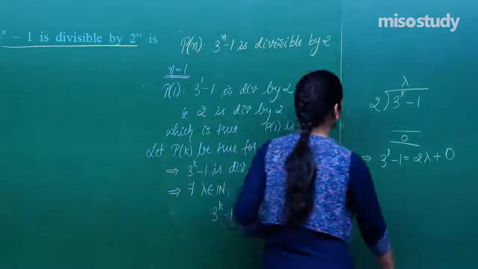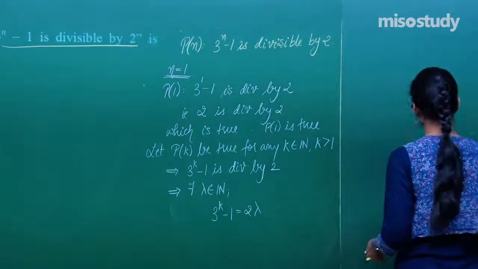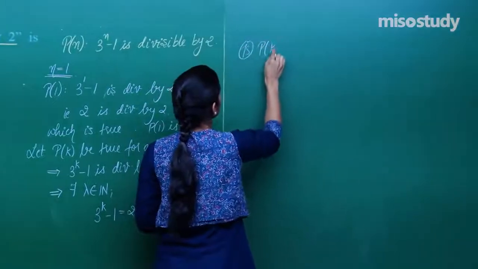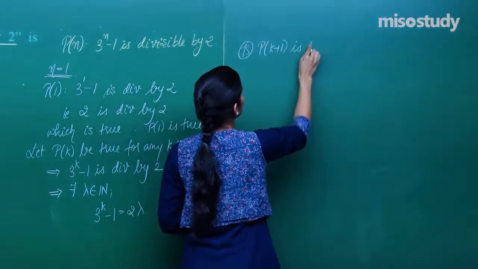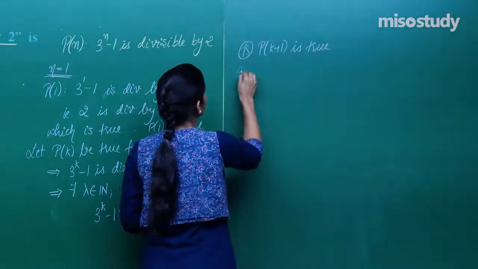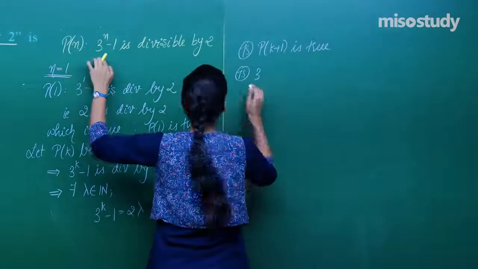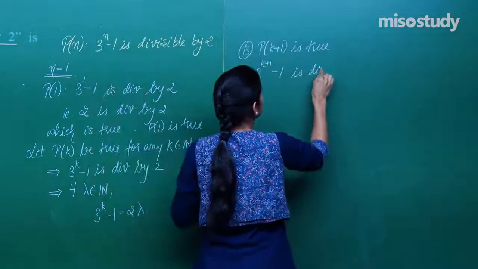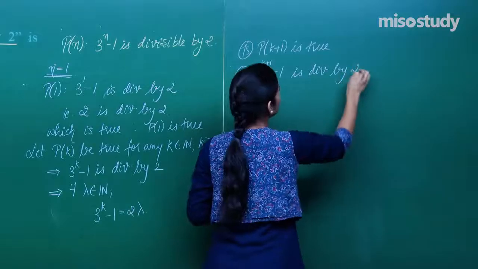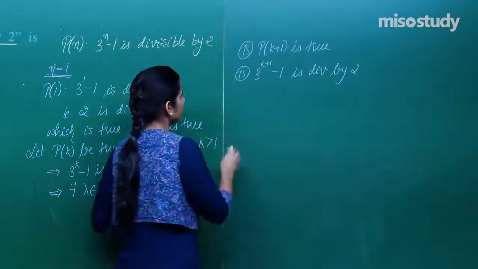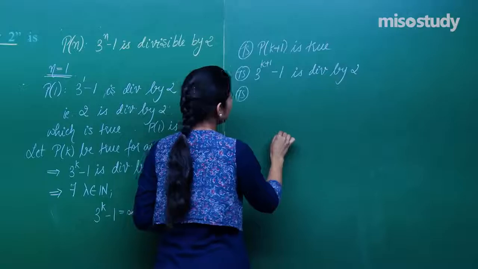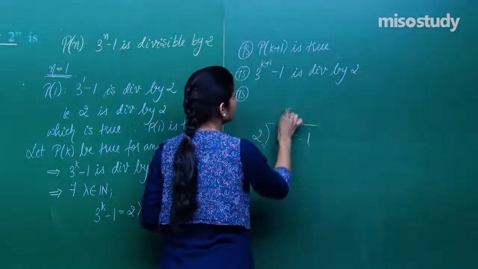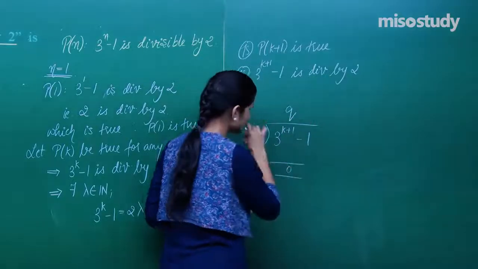Now if Pk is true, I need to show that Pk plus 1 is true. That means I have to show, what is Pk plus 1? 3 to the power k plus 1 minus 1 is divisible by 2. Divisible by 2 means if I divide this by 2, I should be able to get some quotient and the remainder should be 0.